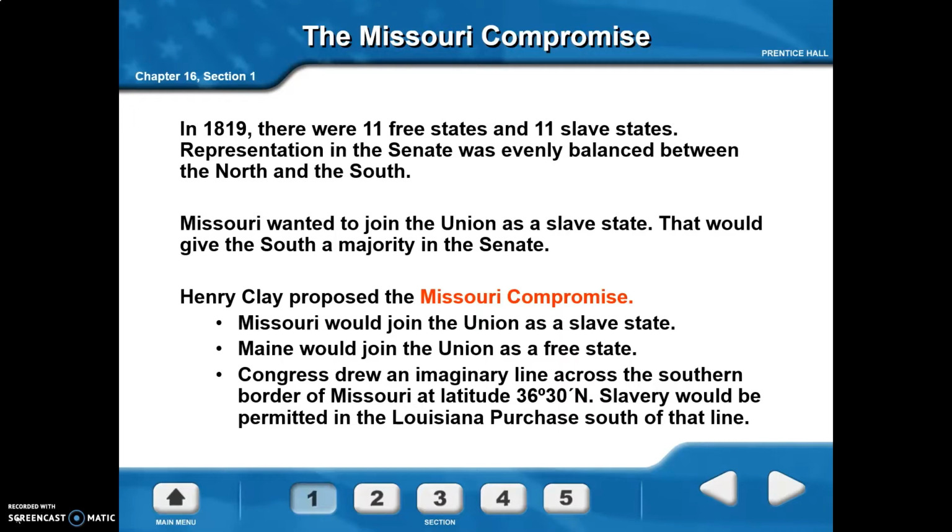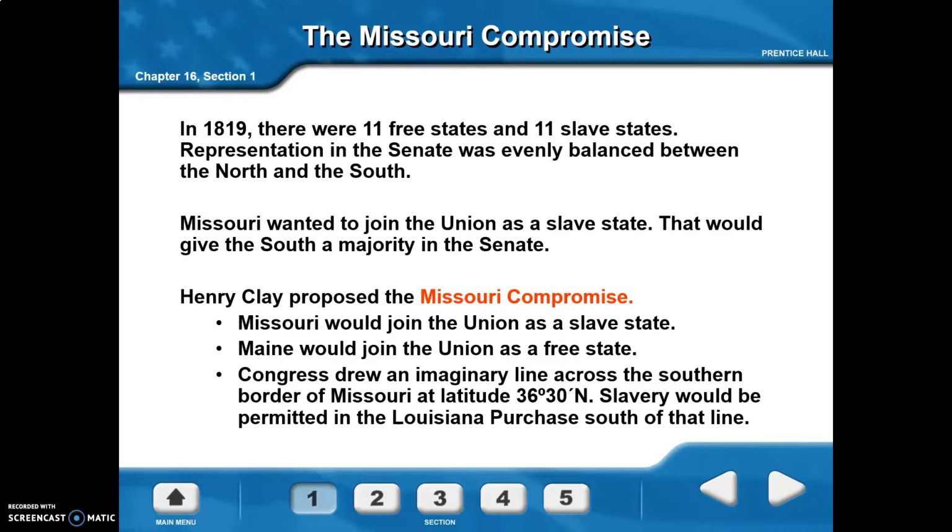That's just the land that we gained from the Louisiana Purchase. So this Missouri Compromise solved the short-term crisis of keeping that balance of free and slave states. So again, anything south of that 36°30′ north latitude line would become a slave state in the Louisiana Purchase territory. Anything north of that would be a free state.